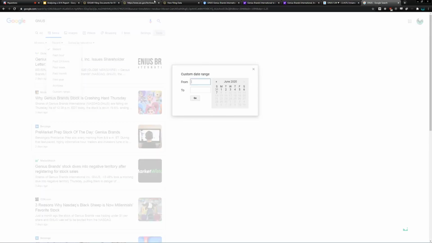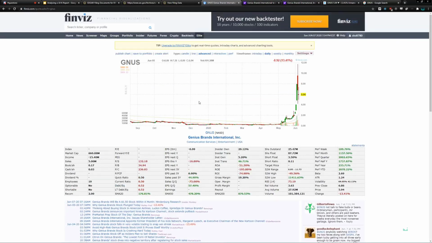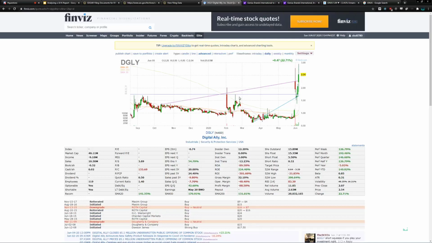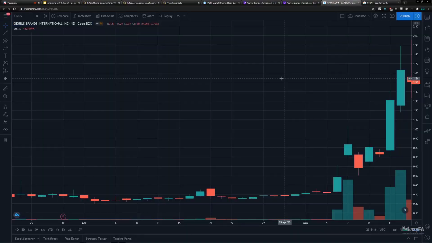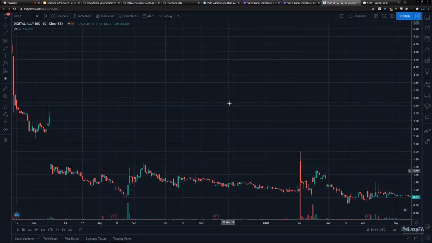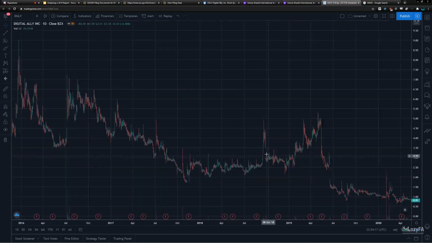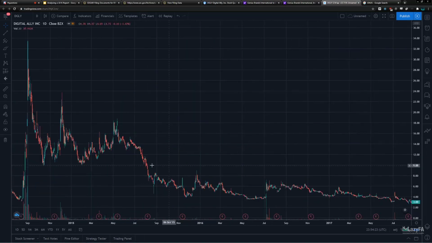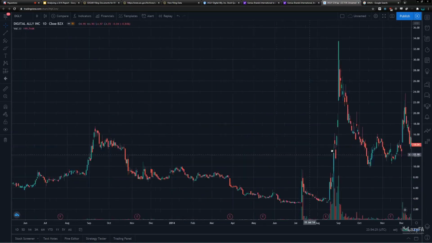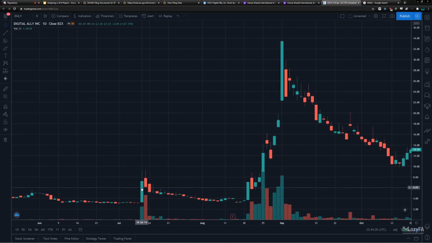So let's see if we can find another spike back in the day, or let's look for another company. Just to give you a quick example here, because I know this company is very volatile. If we wanted to find out what caused this big spike on July 10th, 2014, what was the reason for this move from $3.26 up to $10?